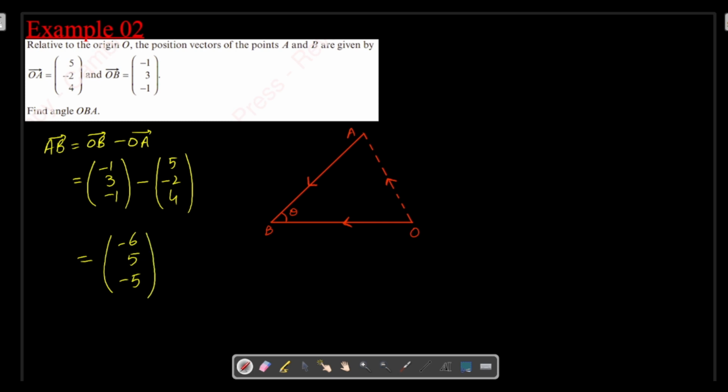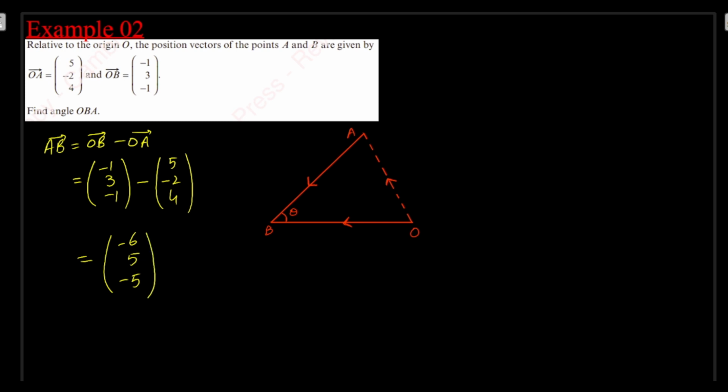This is the vector AB. Now, using the dot product between the vector AB and OB, we can write cos of angle theta is equal to OB dot AB divided by magnitude of the vector OB into magnitude of the vector AB. Let us call it equation number 1.